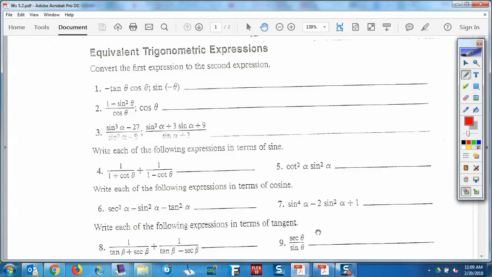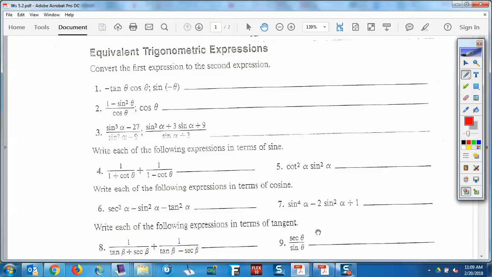Now, it could be a sine squared, it could have a 2 plus sine, but it can't have any other trig functions in it. So in terms of sine means it can only have sine in it, nothing else. And again, in calculus, or other higher math classes, there might be some advantages to being just in sine and not any other trig functions. That is the purpose, okay?